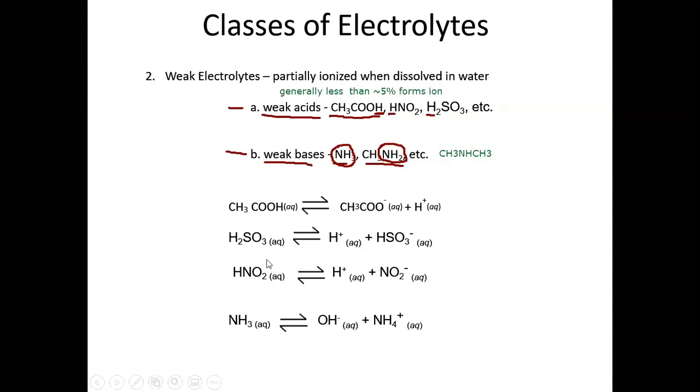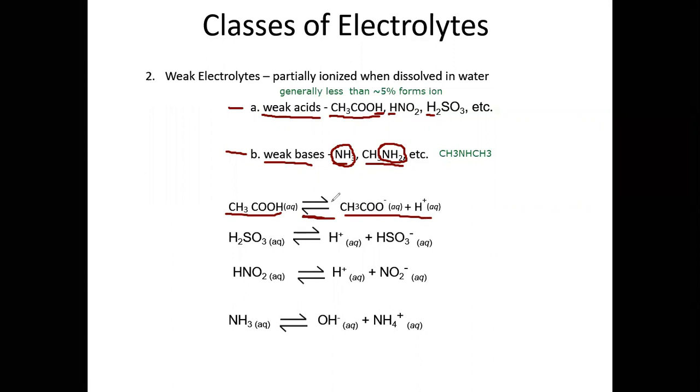With weak electrolytes, we see that we have double-headed arrows now. Double-headed arrows mean both sides of the reaction are present at the same time. So with a weak electrolyte, you have reactant present and you have product present. And the product is still ions.